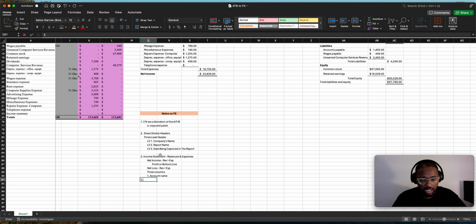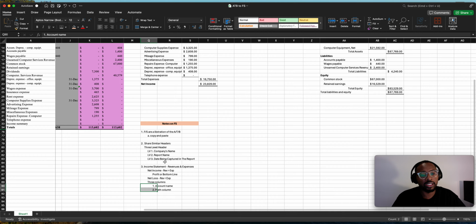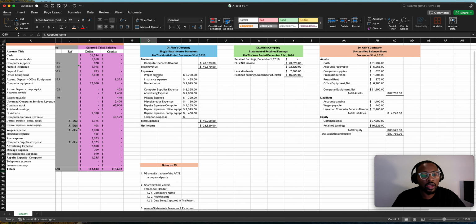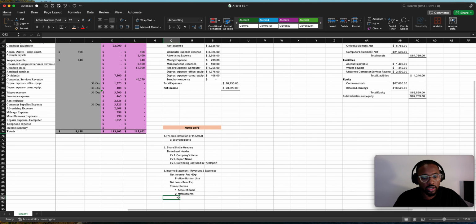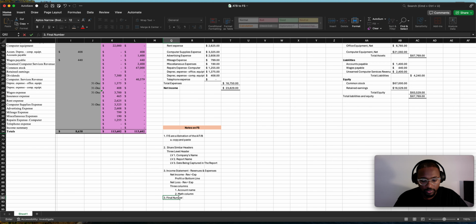Column number two is what I call the math column. The math column is a column where, if there are multiple of the same accounts, we want to itemize them in one column. And then we put the total or the sum in the third column, which I call the final number column. Okay?